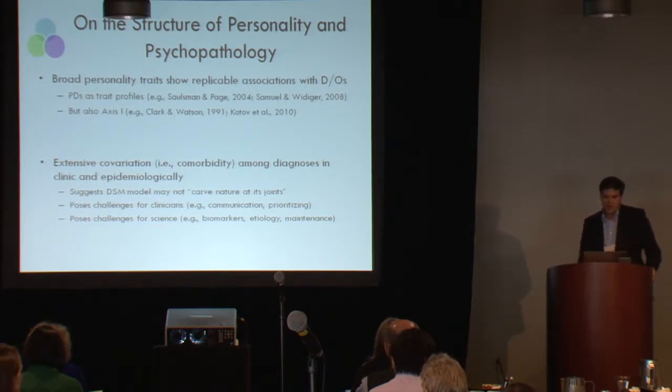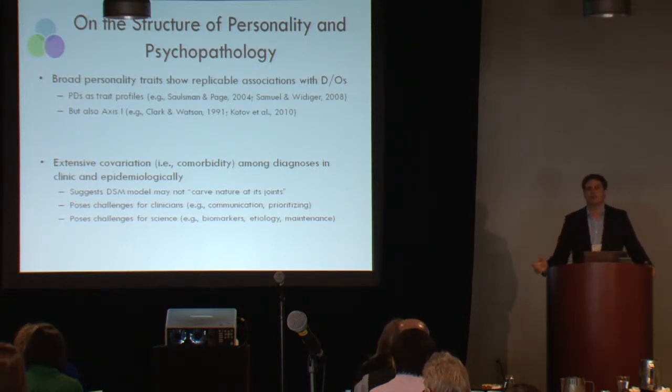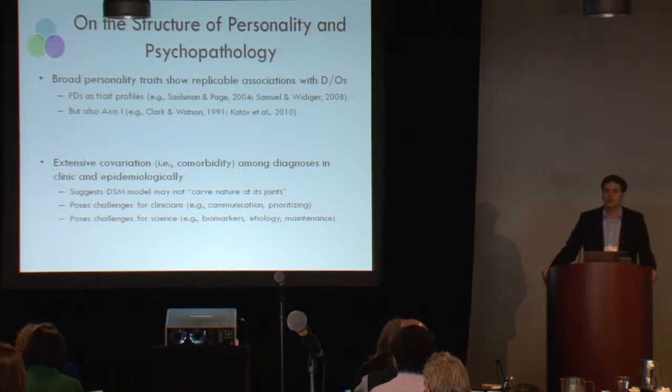And what we know from the patterns of disorders is that the DSM model may have some issues related to it not really representing well the way patients actually are. So what we've heard a lot about this weekend has to do with the fact that there's extensive comorbidity.